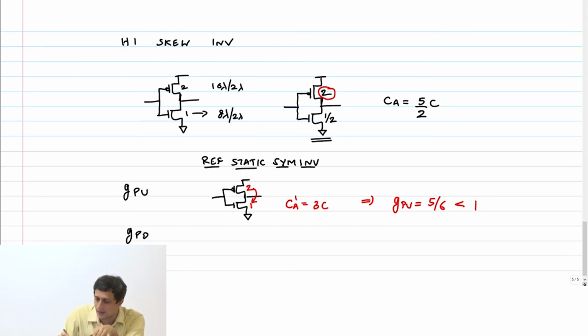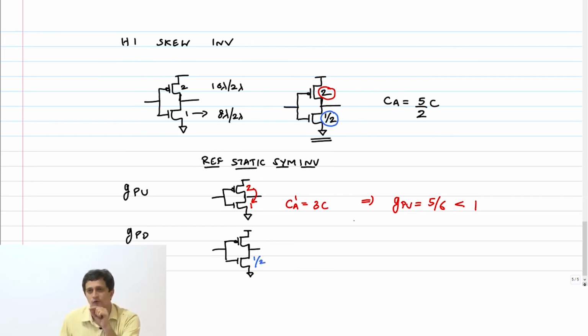Now, I want to calculate the logical effort of the pull down. What should I do? I have to compare it with a reference static CMOS inverter with the same pull down strength. Therefore, this half has to appear here.